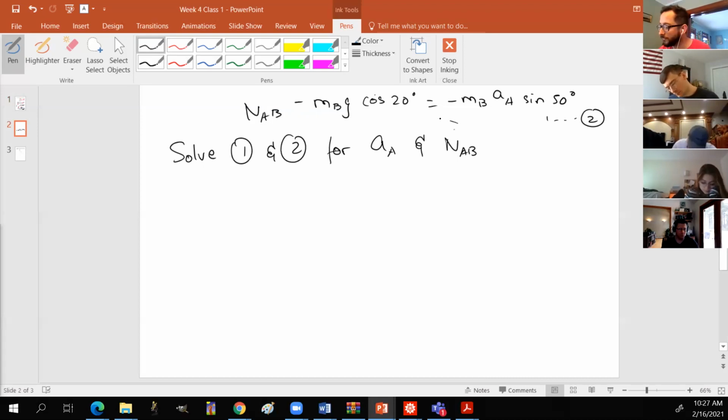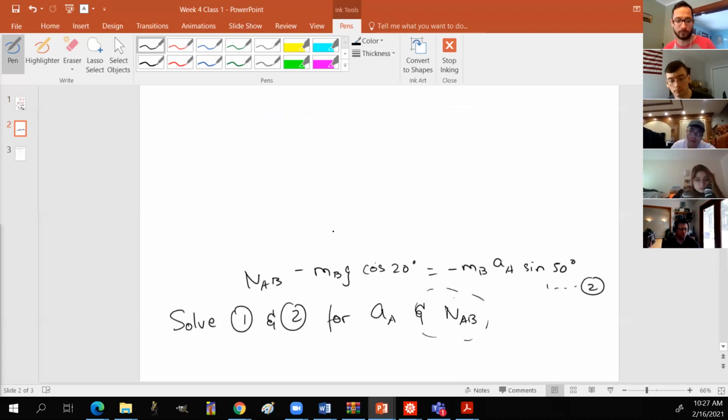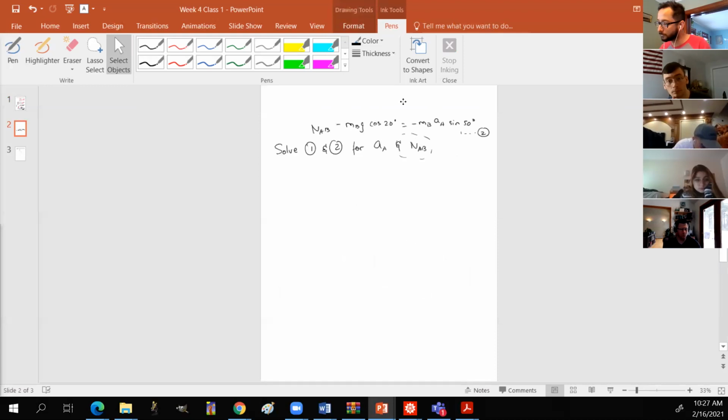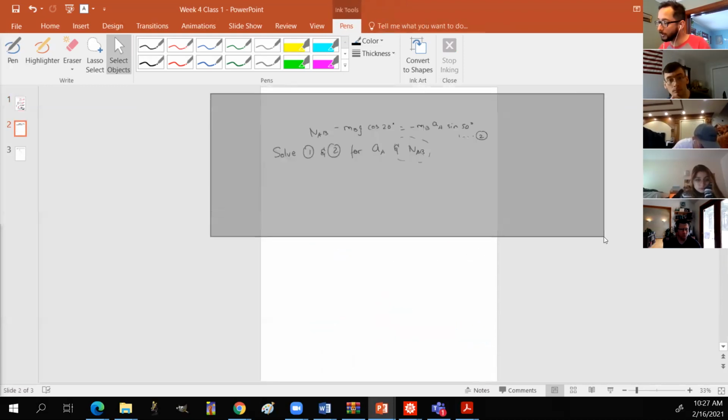Basically, you're not so much interested in N_AB, you're more interested in a_A. So the easiest one, if you want to do it by hand, is to just eliminate N_AB from equations 1 and 2.